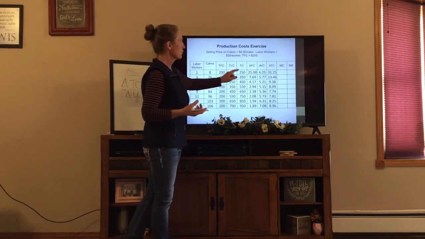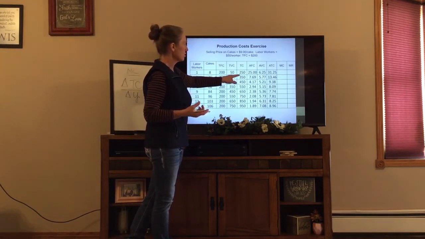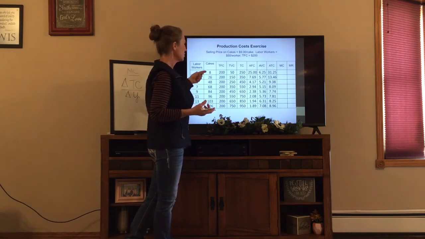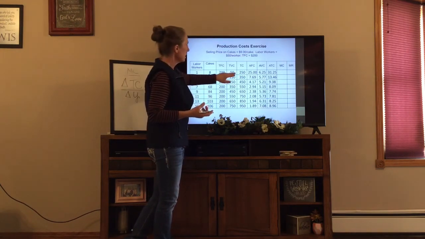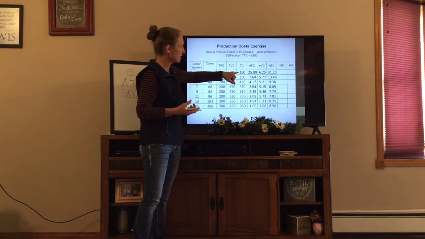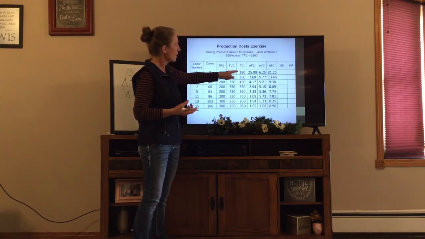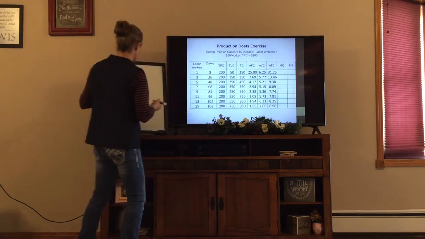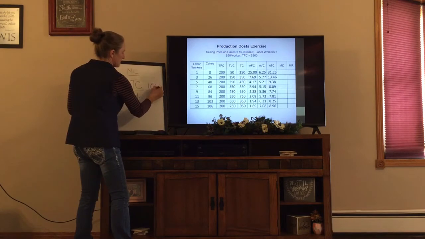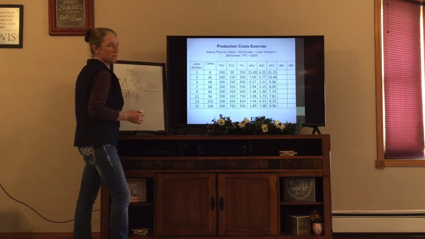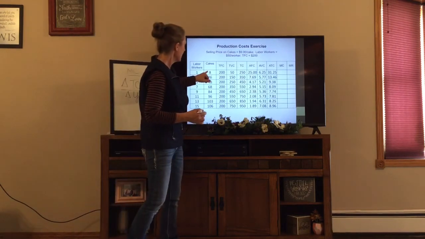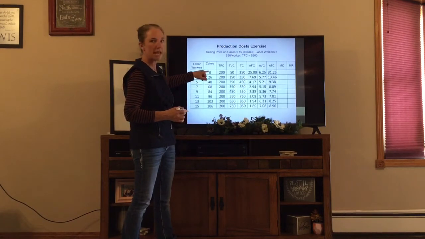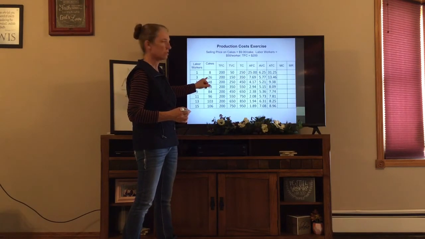So let's take this first one and let's compare this change in total cost and this change in output. So at the beginning here, I have total costs have increased by $100. So I had a total cost of $250 here and a total cost of $350 here. So I've increased my total cost by $100. That's a change of 100. My cakes have changed from 8 cakes to 26 cakes.